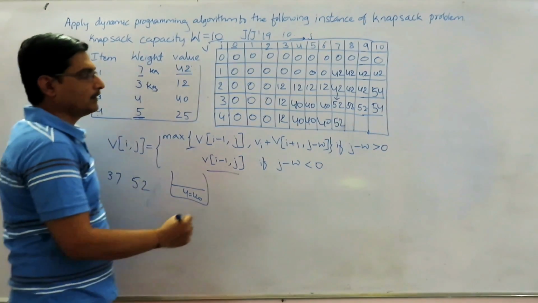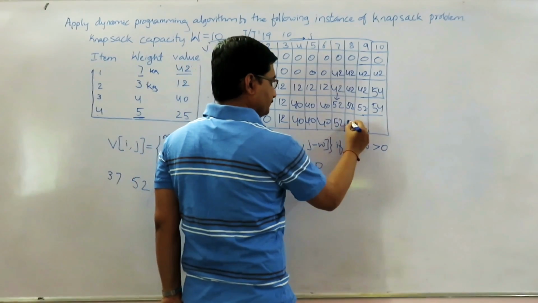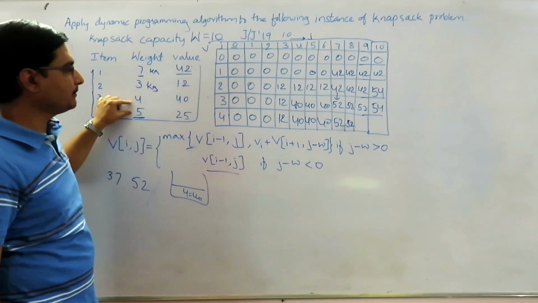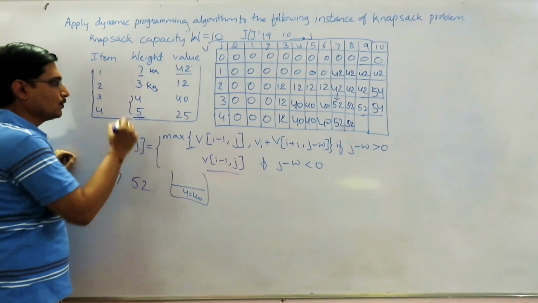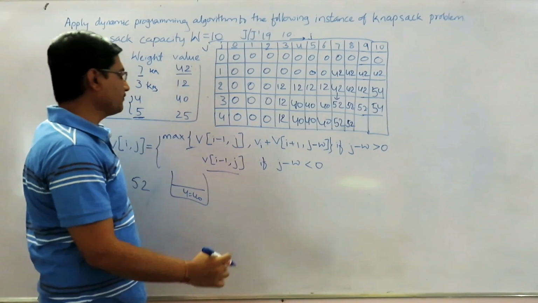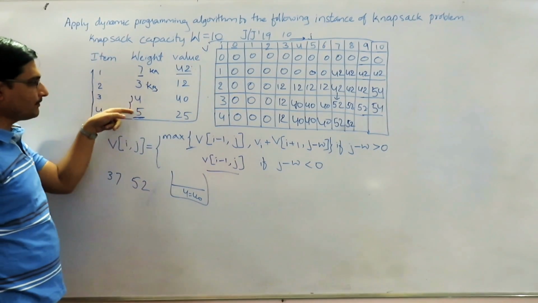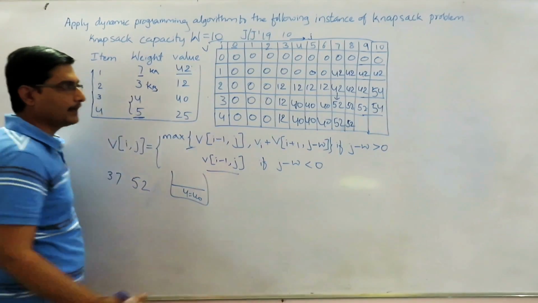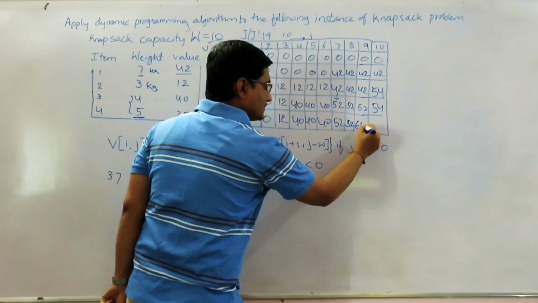Still we go for these two only. When the capacity of the bag is 9, can we go for these two, which will give us 65? Yes, we can think of going for these two, because 5 plus 4 is 9 and 40 plus 25 is 65. It is giving us 65.